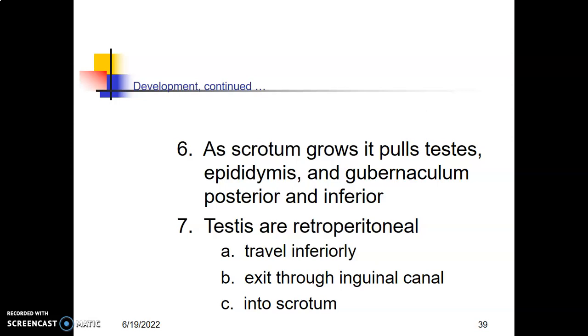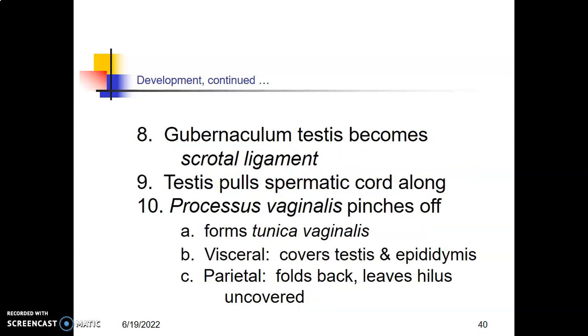The testes are initially retroperitoneal, then they travel and exit through the inguinal canal into the scrotum. So from the abdomen just below the kidneys, they move through the deep inguinal ring to the inguinal canal, then to the superficial ring into the scrotum. The gubernaculum testis now becomes the scrotal ligament.